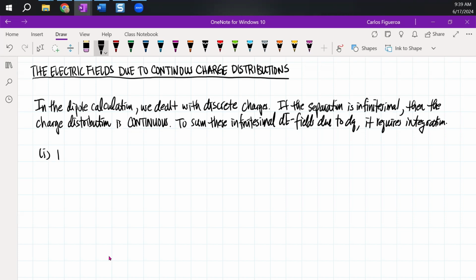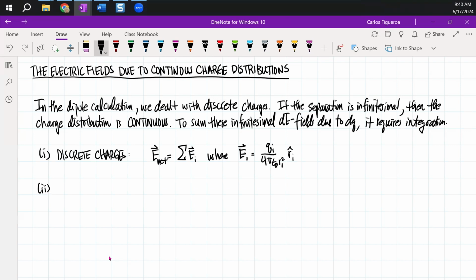So if we deal with discrete charges, then we write E net is going to equal the sum of all of the electric fields, where each field is given by 1 over 4 pi epsilon Ri squared, Qi in the direction of Ri.